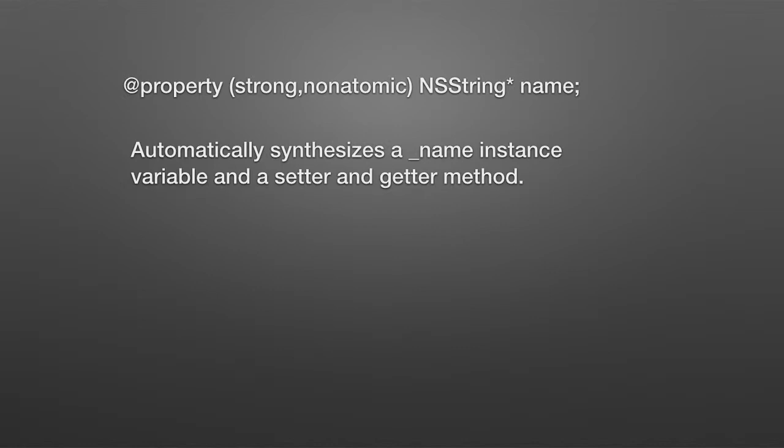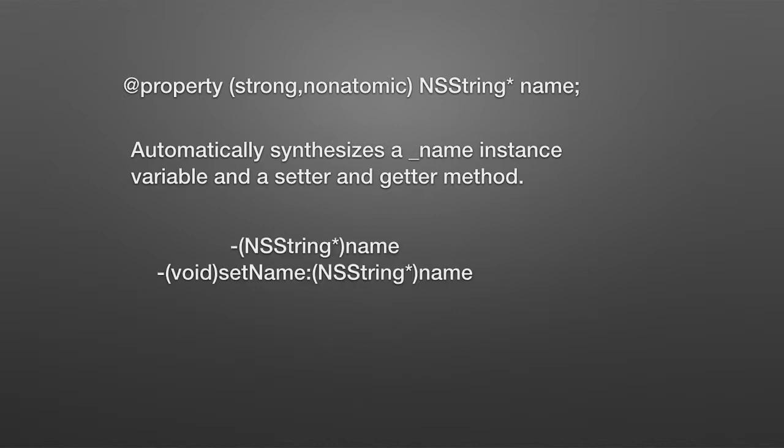So the actual storage of the information is this variable called underscore name. It synthesizes two methods. There's a getter that returns an NSString, and the method name is name. And there's a setter, and the method name is setName.